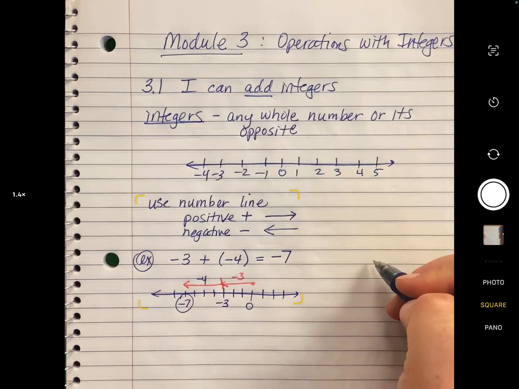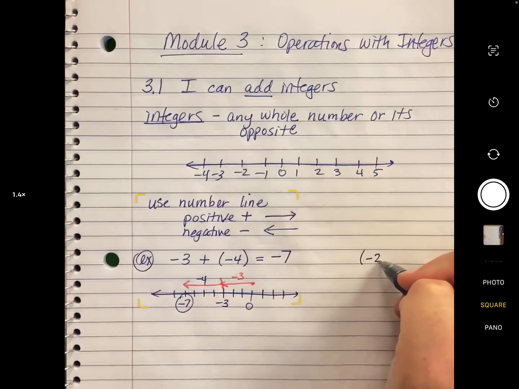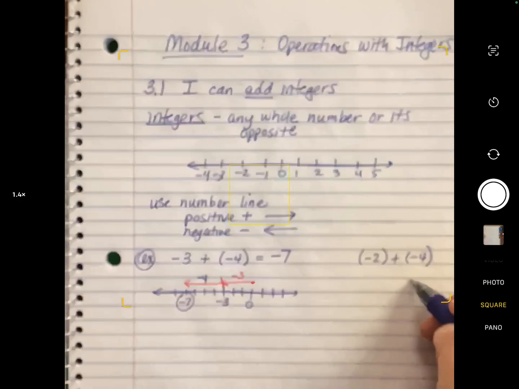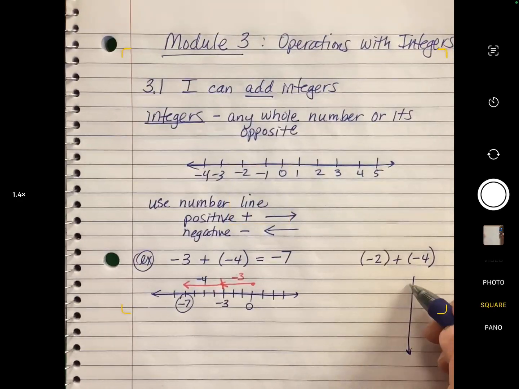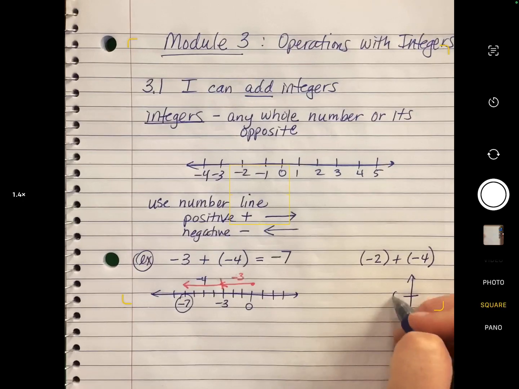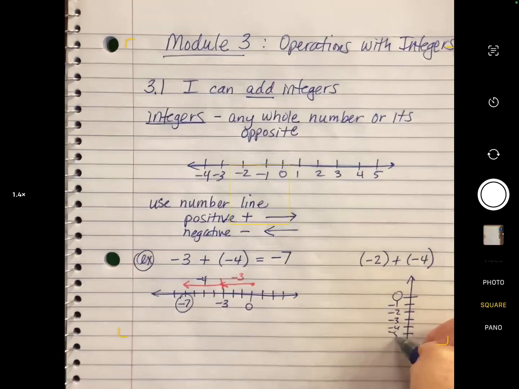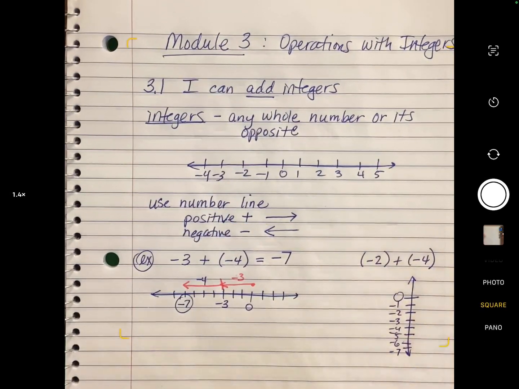We could do this also on a vertical line. Kind of think about a thermometer, for example. If I am looking at a thermometer, it might be written vertically. So if this is 0, -1, -2, -3, -4, -5, -6, -7, and so on.